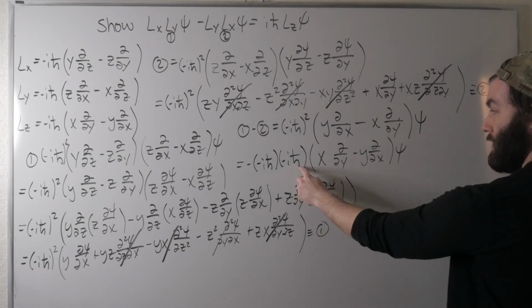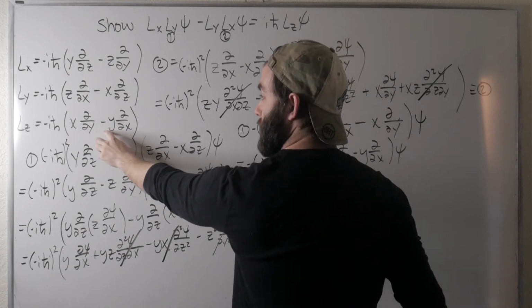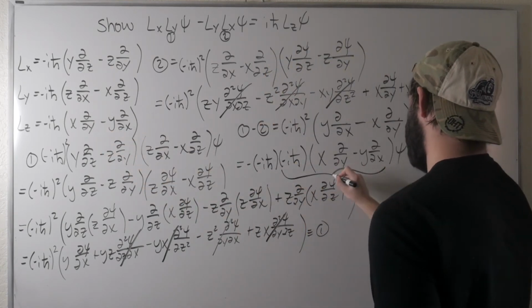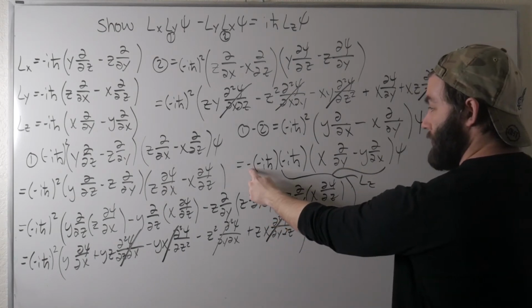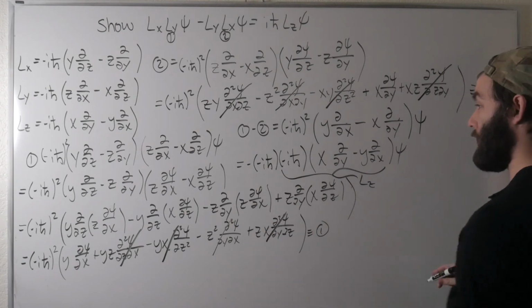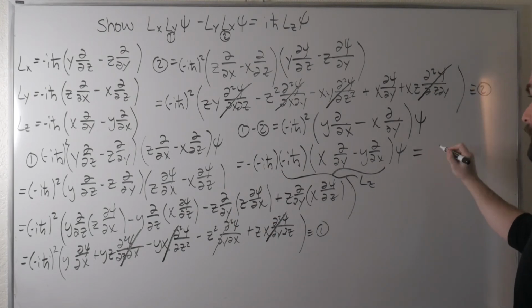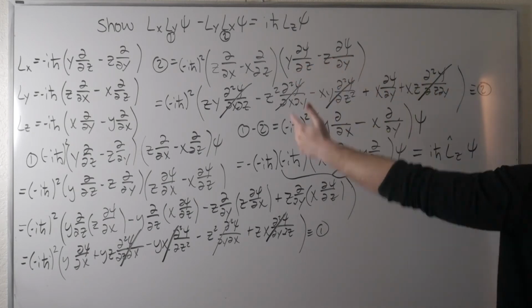But minus i h bar times this combination, that's just Lz. So this term is just Lz. And then we have a minus times minus i h bar, which is i h bar. So we get that this whole thing is equal to i h bar Lz acting on the wave function. So we've proved what we wanted to prove.